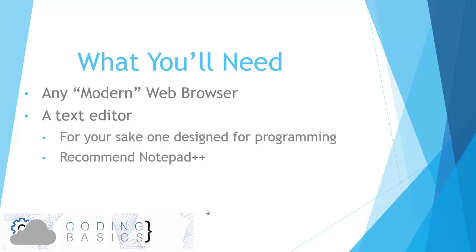The only thing you're going to have to make sure you have is a modern web browser. I put quotes around modern because pretty much any web browser that people use nowadays is modern. One of the original Netscape browsers might not work for you, but you're pretty free to use the browser you want. Firefox, Chrome, Safari if you're on Mac. You're pretty free there. As long as it can load HTML pages, you're good to go.